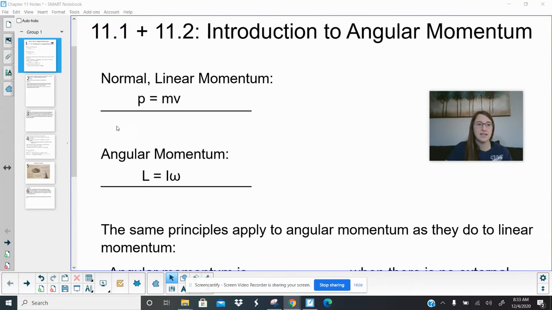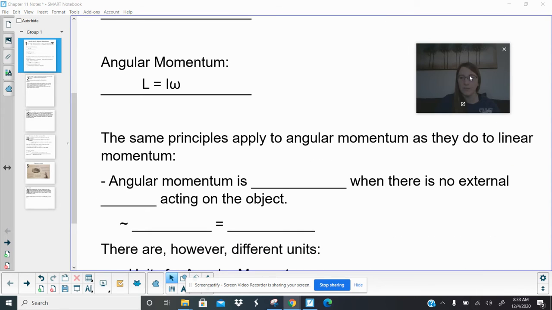Now, the nice thing is that the same principles apply to angular momentum as they do to linear momentum. As we did in the momentum unit, angular momentum is conserved when there's no additional force acting on an object. If we have friction involved, that is going to affect things. But if there's no friction, or air resistance or anything like that, the initial angular momentum is going to equal the final angular momentum.